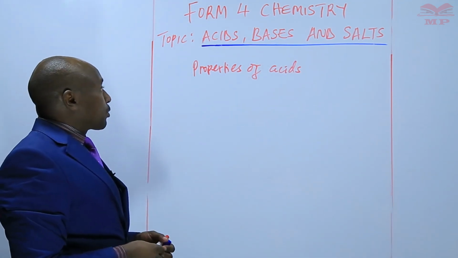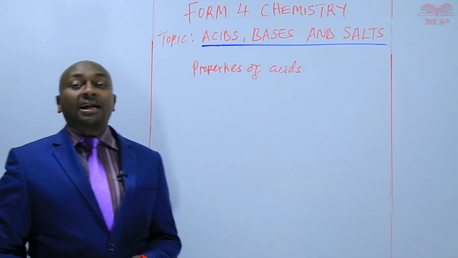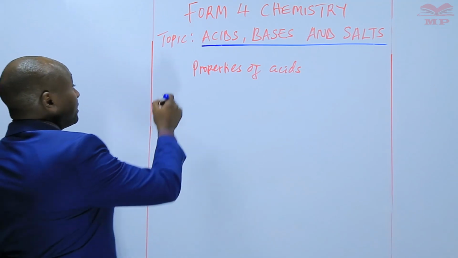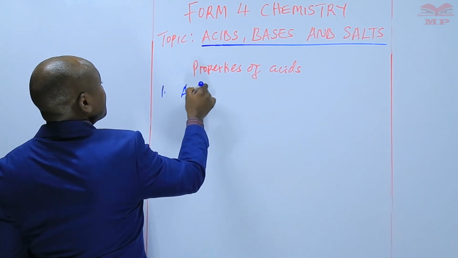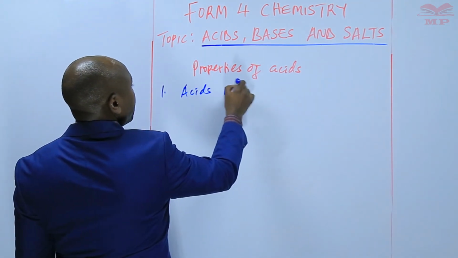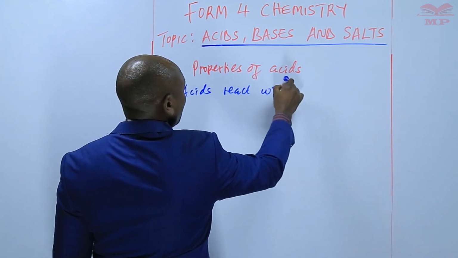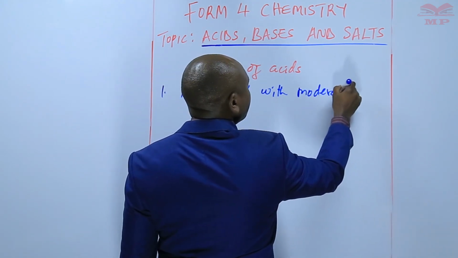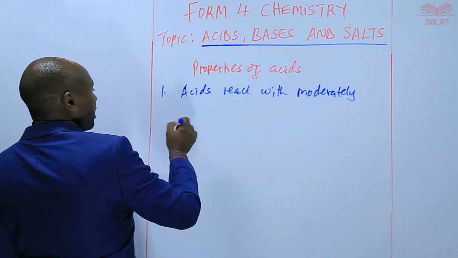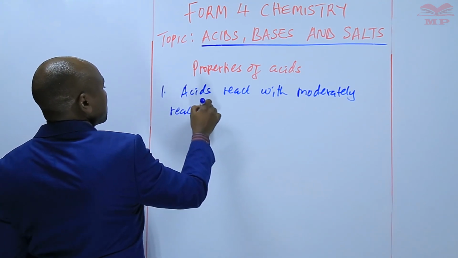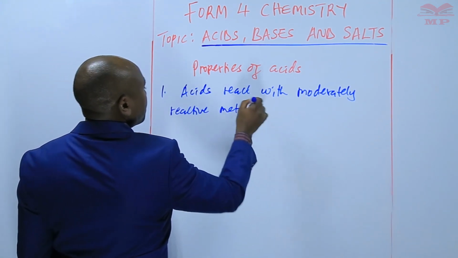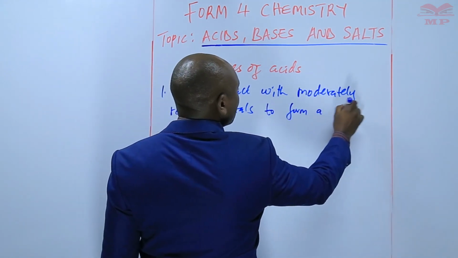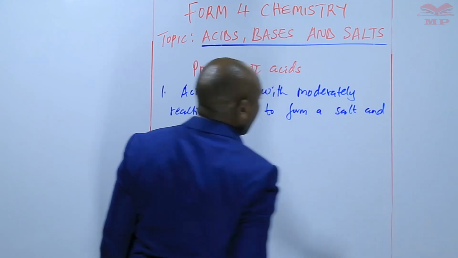So to discuss the properties of acids, and basically the chemical properties, the first property is that acids react with metals, especially the ones that are moderately reactive, to form a salt and hydrogen gas.